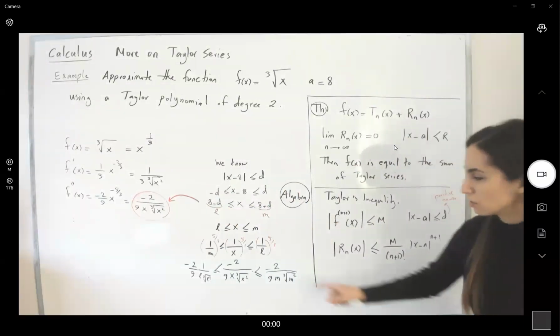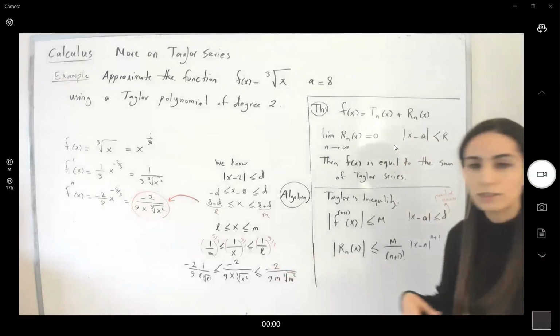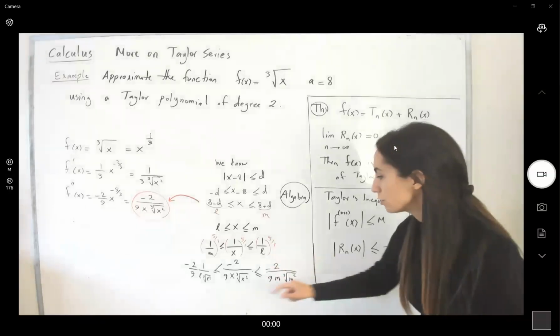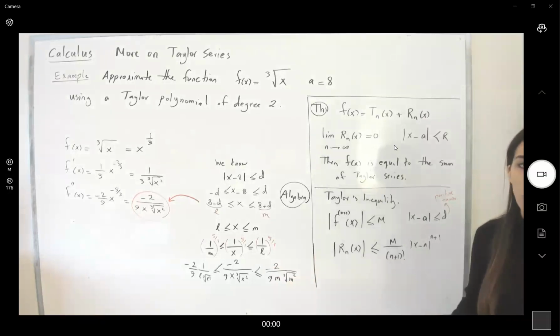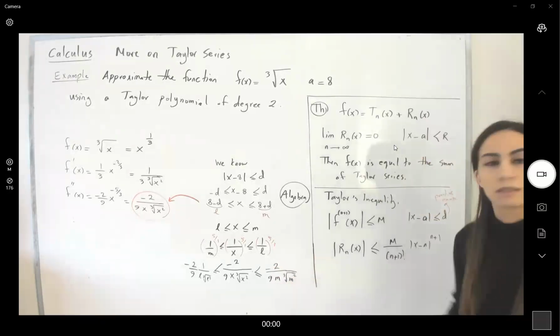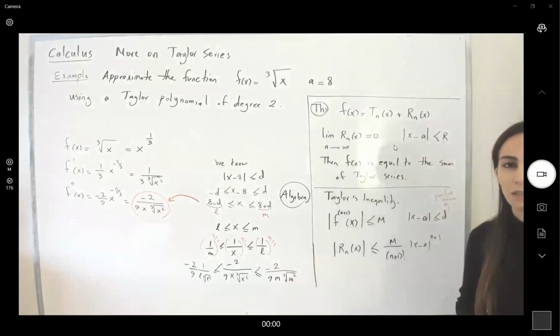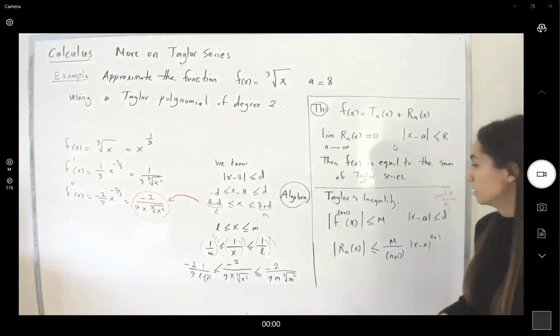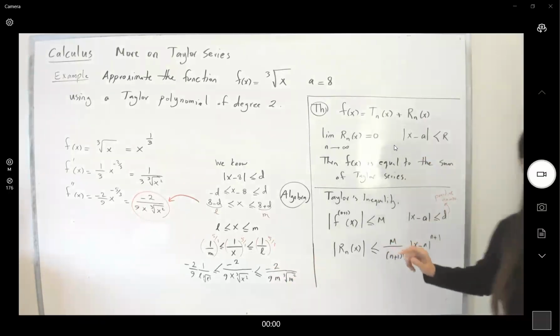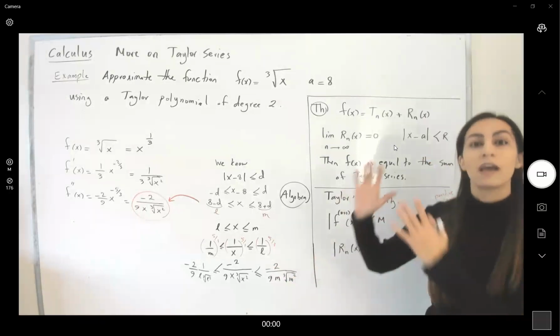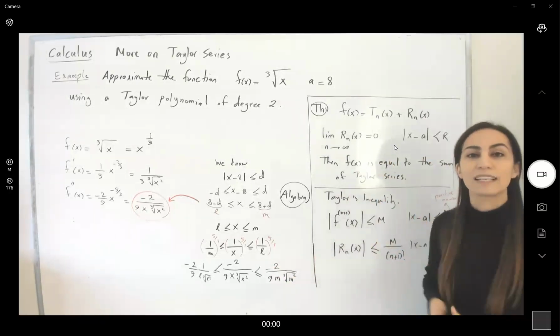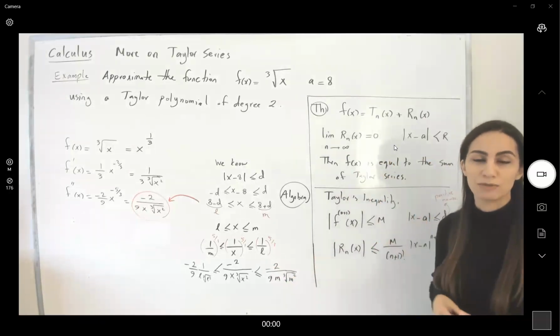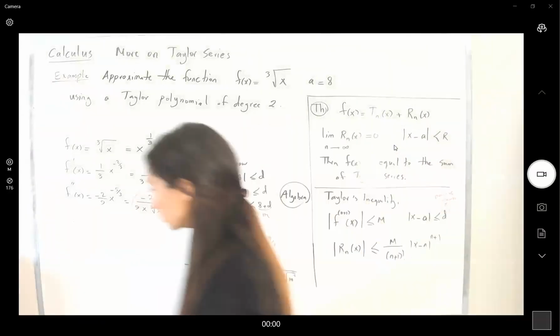Okay, so what is this? This is just a number. Negative 2 divided by 9 times a number in the denominator. Do we have M? Can you say that the second derivative has an upper bound and a lower bound? Is it actually bounded? Can we do that?